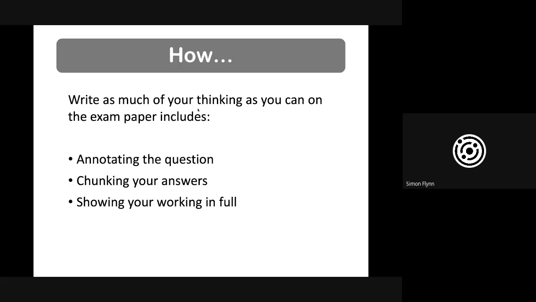It's basically to reduce the load on your working memory. There's a very compelling argument for it, because you can see much more clearly where you've been, where you are, and probably where you're going to go. And I think showing your working in full is an aspect of chunking your answers, to be honest.